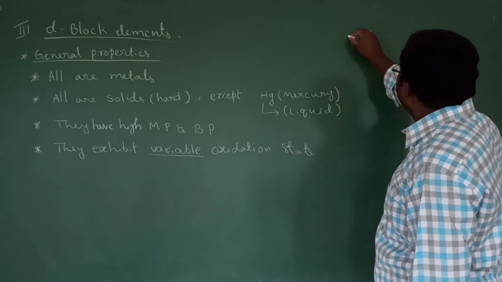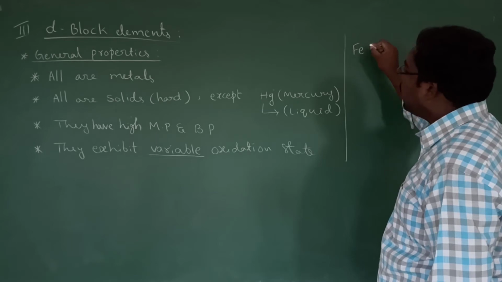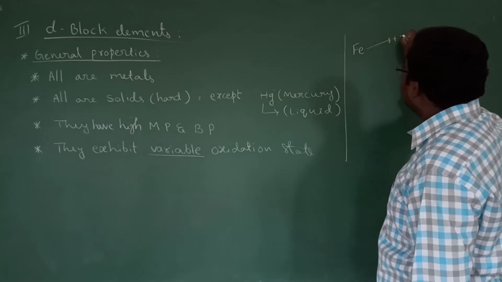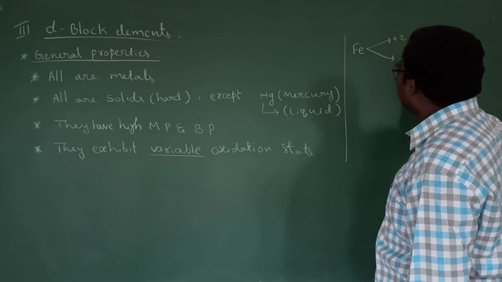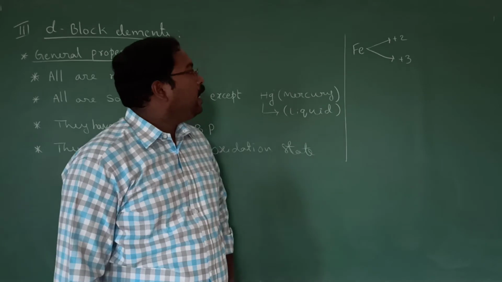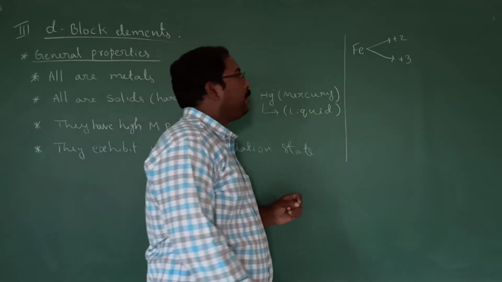For example, a well-known example for you, that is iron. Right? Iron exhibits 2 oxidation states, +2 as well as +3 also. Okay? In the iron case, +2 means ferrous, +3 ferric.